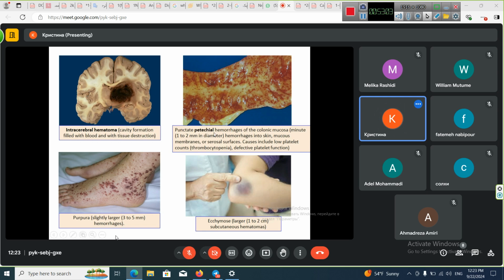Next, petechiae. Petechiae are dot-like bleedings. This is the colonic mucosa. It means that we took a colon, we cut it along, and now we see the inner surface of the colon.